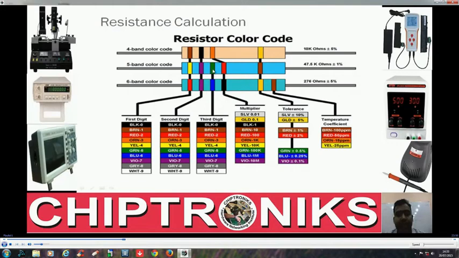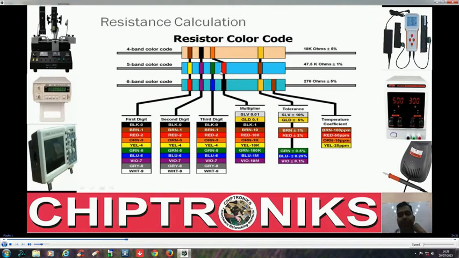And let's go to the second, the 5 band color code. The first color will represent the first digit. This is yellow, so it will represent 4, and this is violet, so it will represent 7, 47. And we have green, so this is 475, because here there are 3 digits; for the 5 color code the first 3 colors represent the first 3 digits. So 475 multiplied by red.